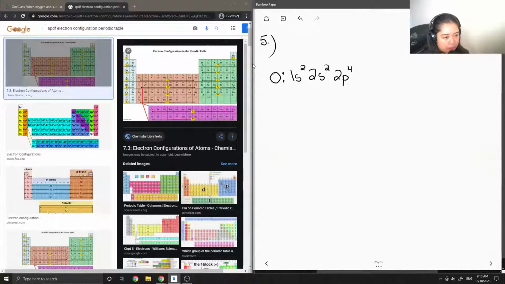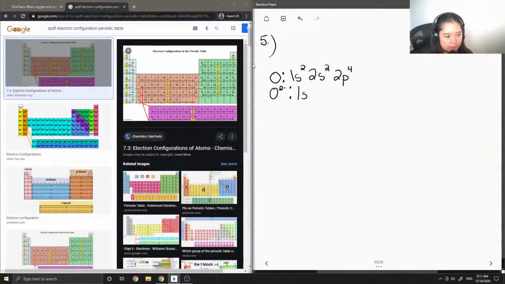So when oxygen becomes an ion and it has a 2- charge, this means it gained 2 electrons. Because it gained 2 electrons, its electron configuration will change, and we add 2 electrons to the 2p orbital that we ended at.